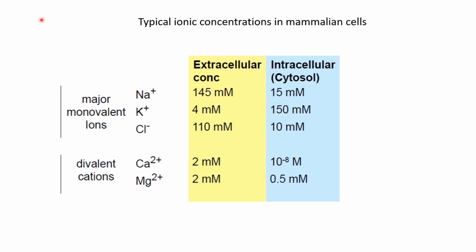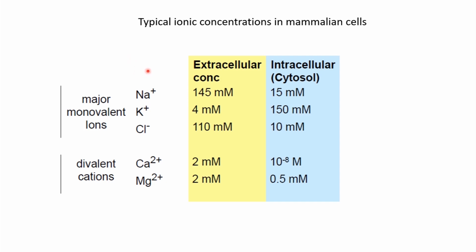And in fact, these ions are also present in other cells of our body in pretty much the same concentrations. So we can see generally what the concentrations of these ions are in typical mammalian cells. These ions can be broadly grouped into two classes depending on the amount of charge that they have.